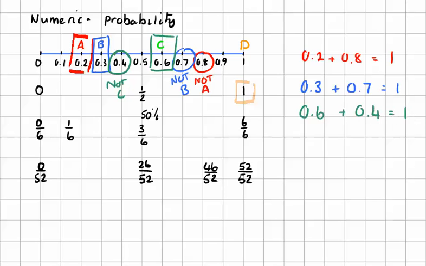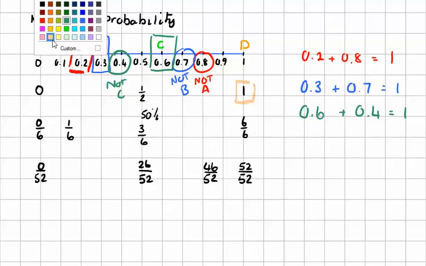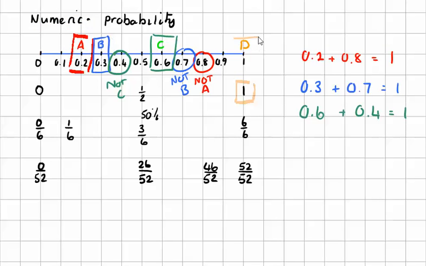Now, just to introduce you to the notation that a couple of you have asked about, D then has a probability of 1. If I know that the probabilities must add up to 1, then the probability of D plus the probability of not D must equal 1.